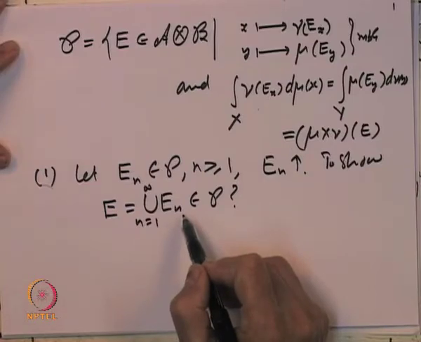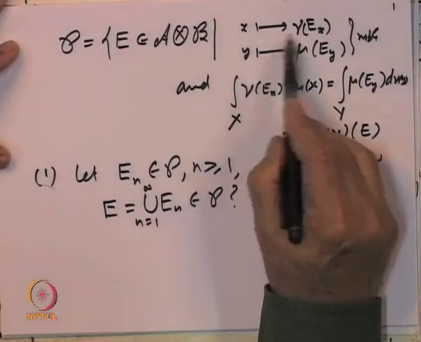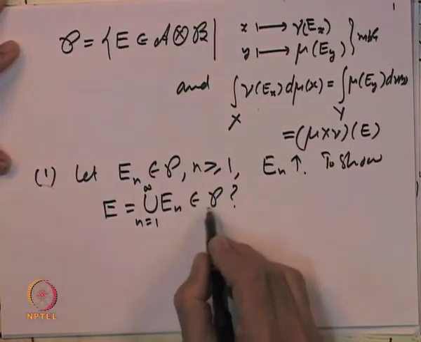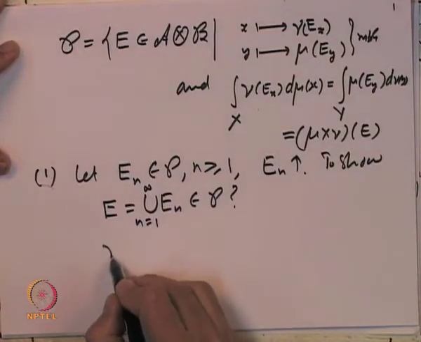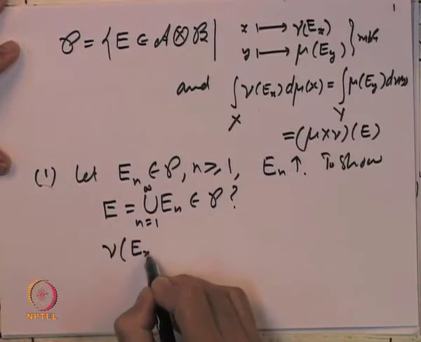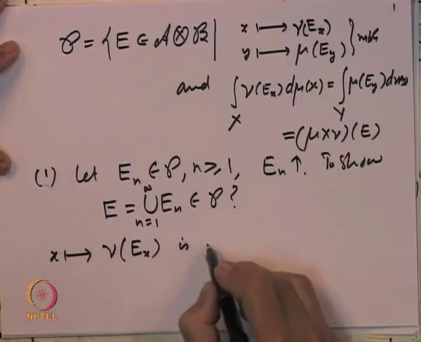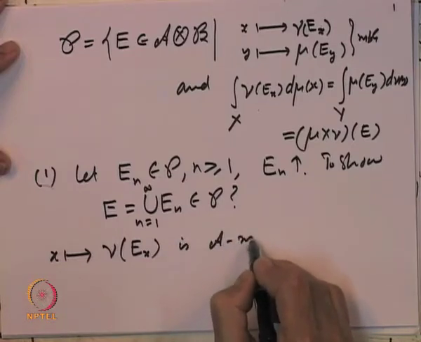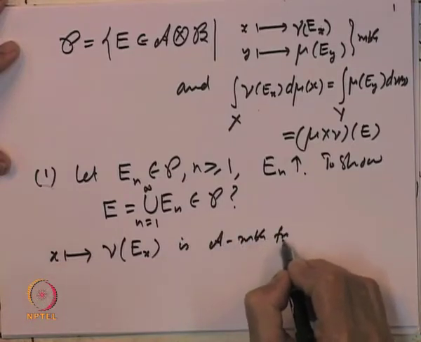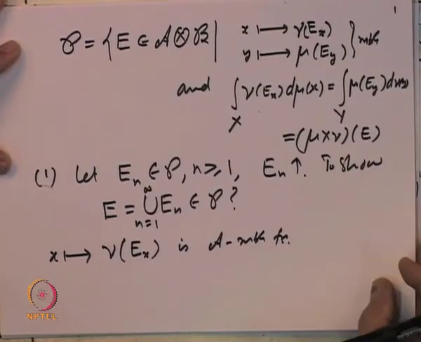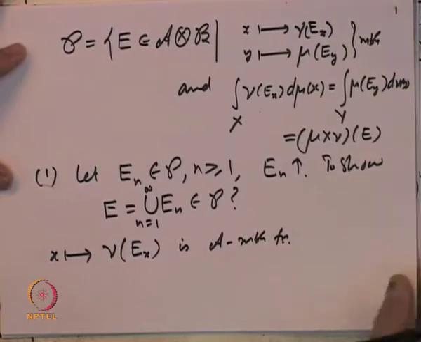So, what we have to do? What is the first property we have to check? So, to check that E belongs to P, we have to look at nu of E x. So, the first thing we have to show is that this is a measurable function. Okay. So, to do that, let us observe the following.